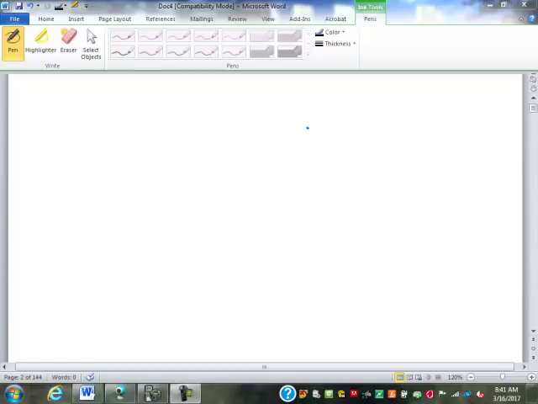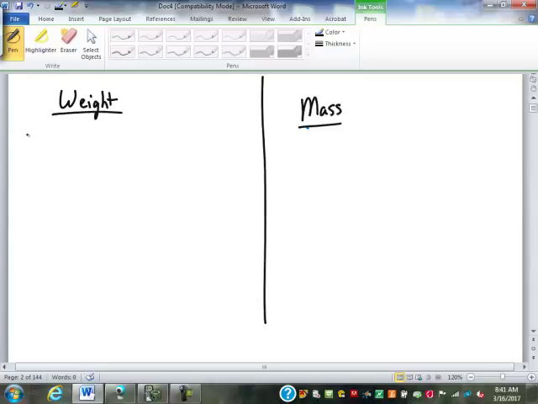Okay, so we're done with capacity, volume. So today we're going to talk about, first, the difference between weight and mass. And there is a difference. A lot of people tend to use them interchangeably.